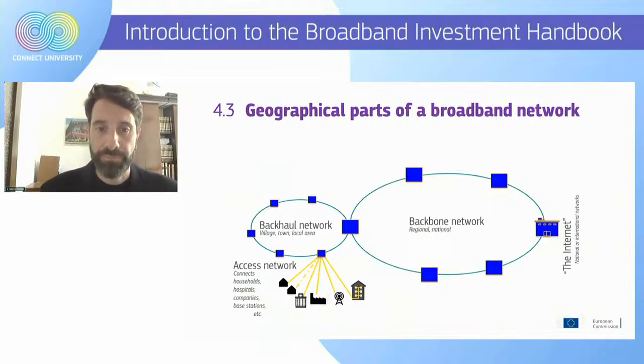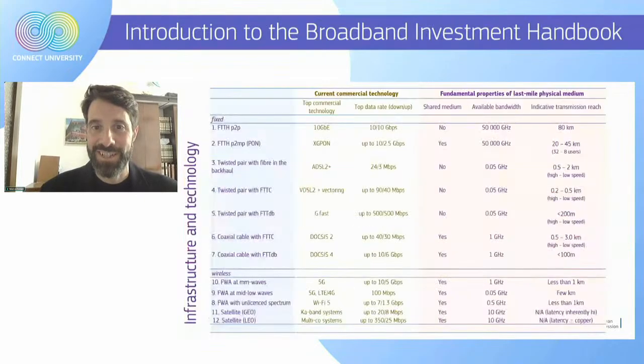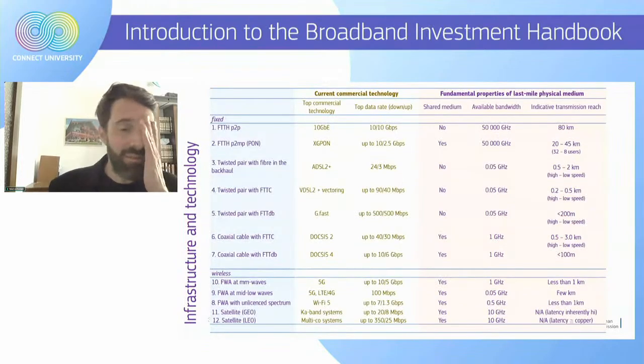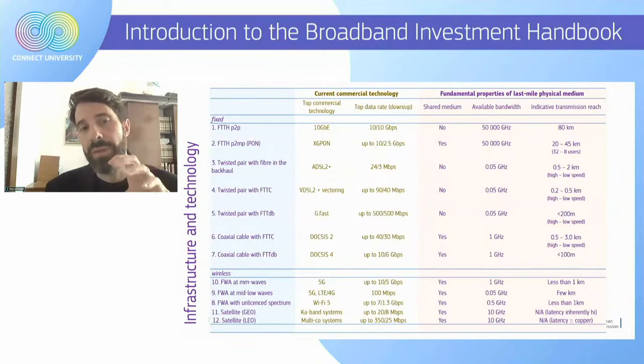And then next, so you can skip until the next slide. Thank you. Then we go into quite some detail about the different infrastructure types and what type of technologies can be deployed over that. And we identified 12 solutions. By these solutions, we mean the combination of passive infrastructure and technology chosen over that. And there is a big table here.